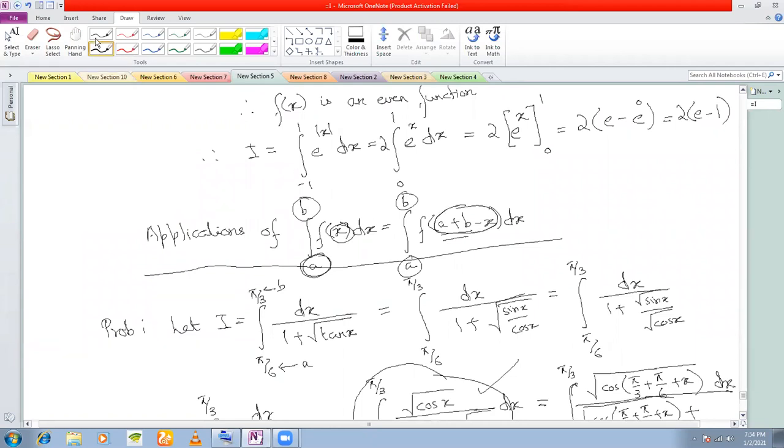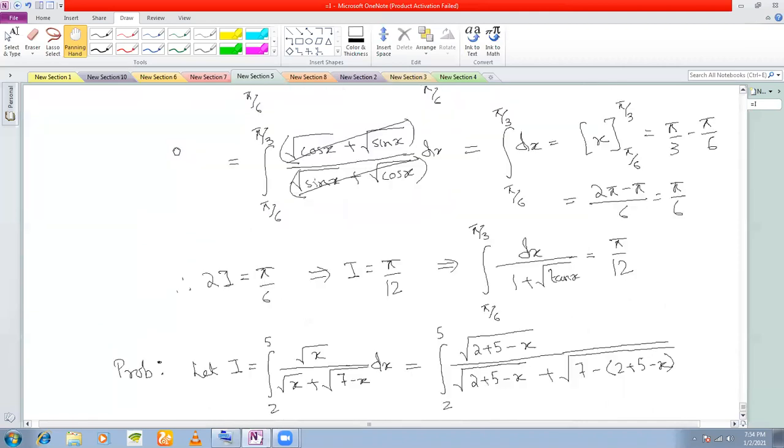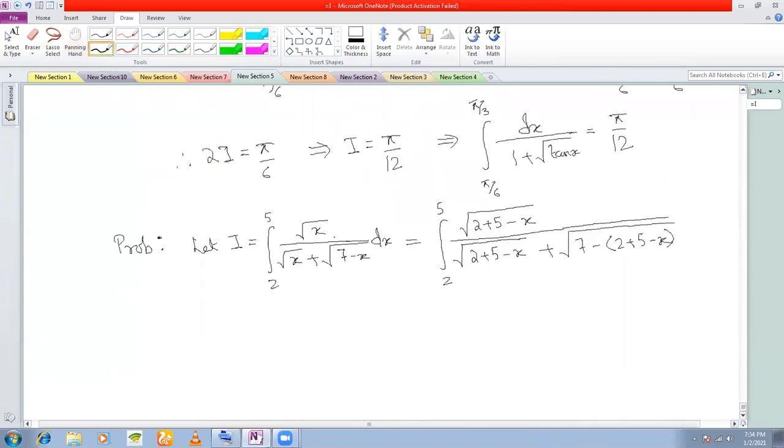Similarly here, this x I have replaced by a plus b minus x, this x again, and this x here also. Understood? This is the main step.